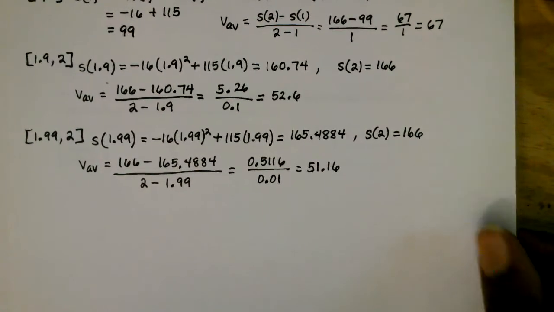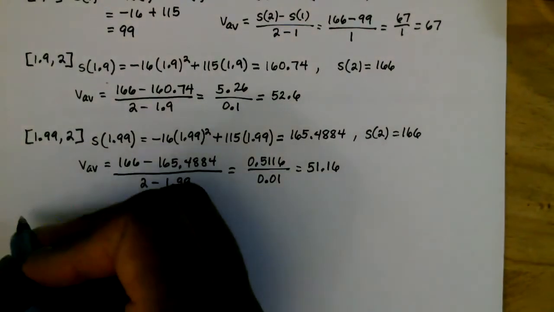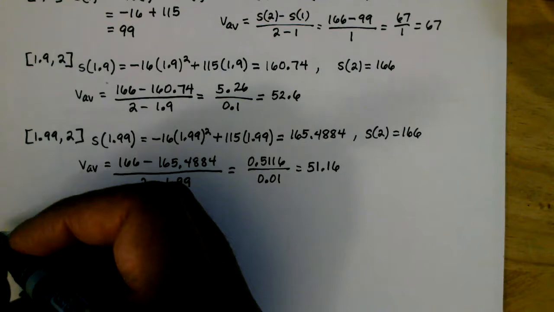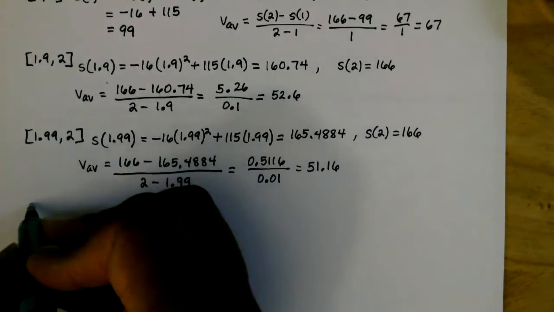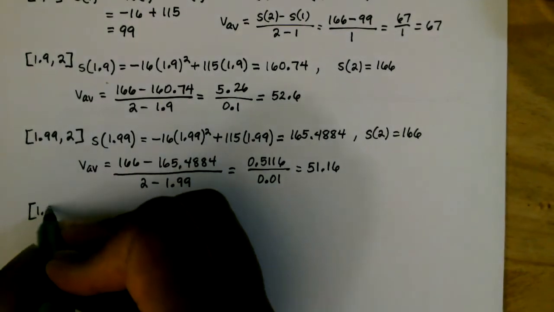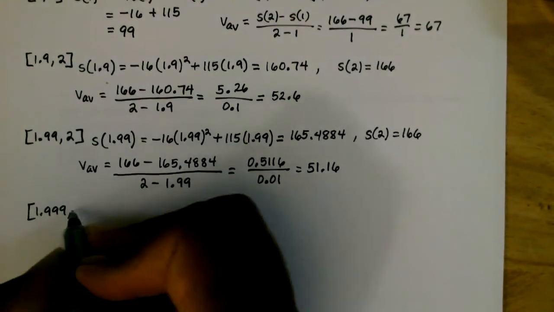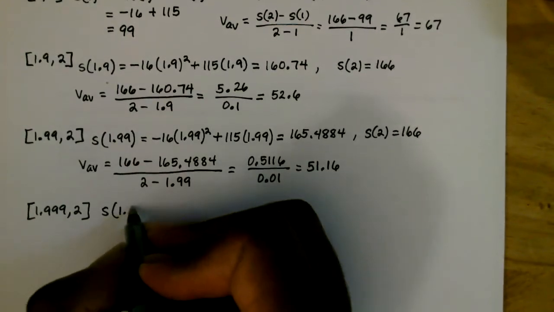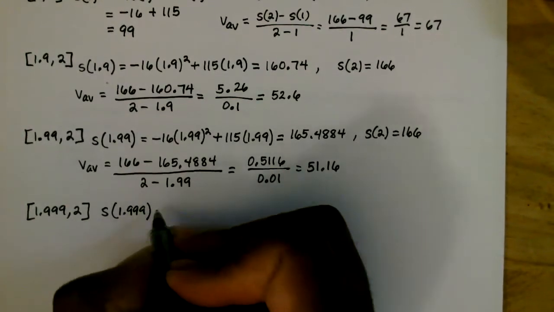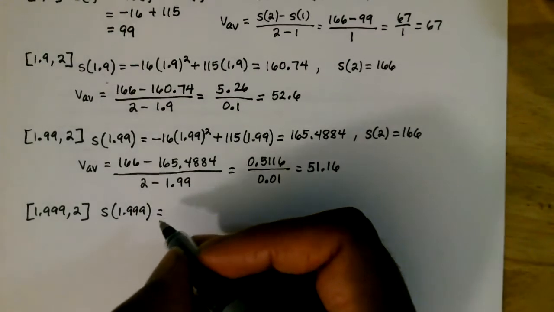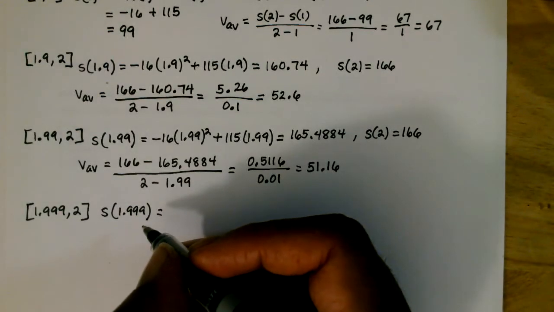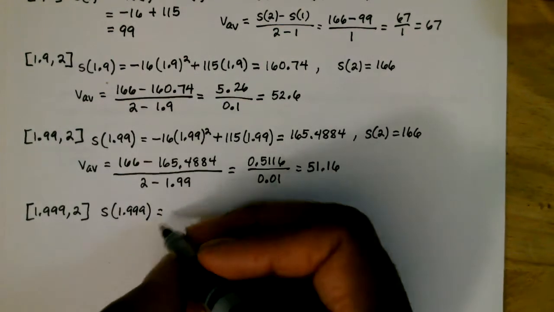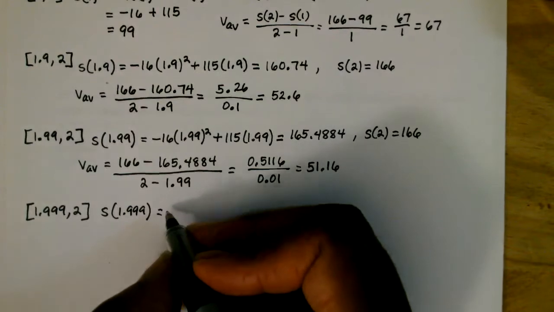Okay. And now for 1.999 to 2, we're going to find S of 1.999 by just substituting t with 1.999.